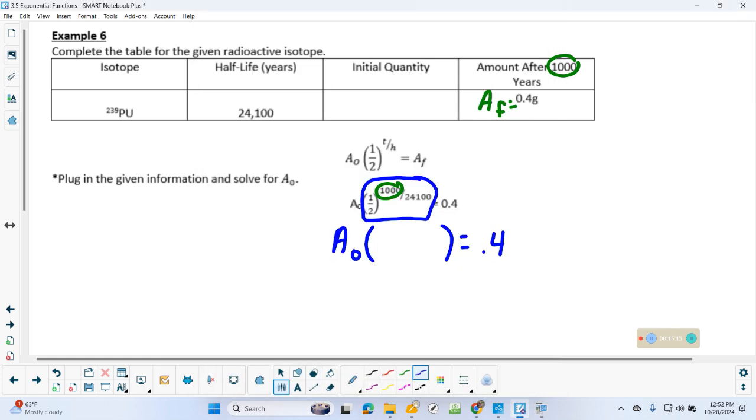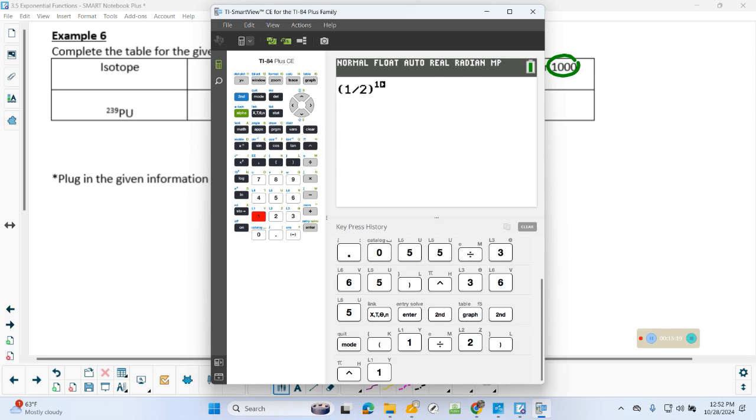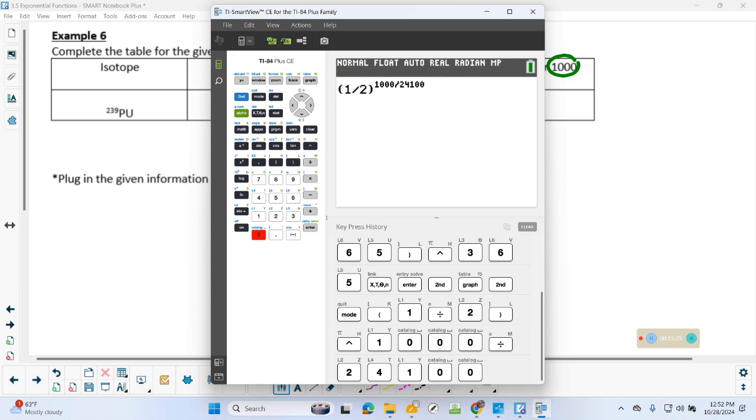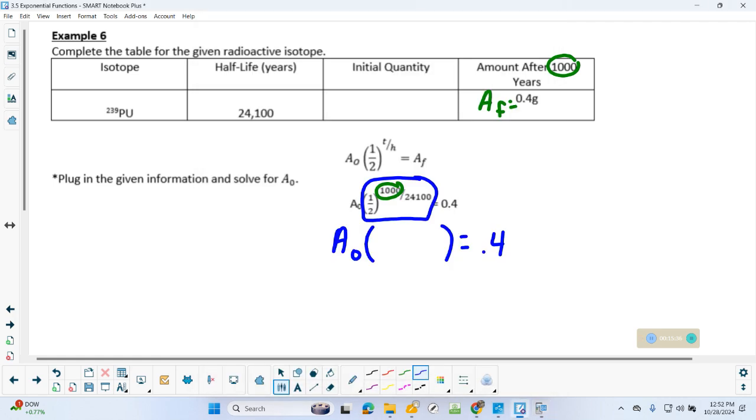I already forgot the exponent. 1,000 divided by 24,100. So raised to the 1,000 divided by 24,100. You know, I hate typing on this thing, so I'm just gonna double check I don't have a typo. All right, and I'm just gonna round that. Let's go 0.972 on it.